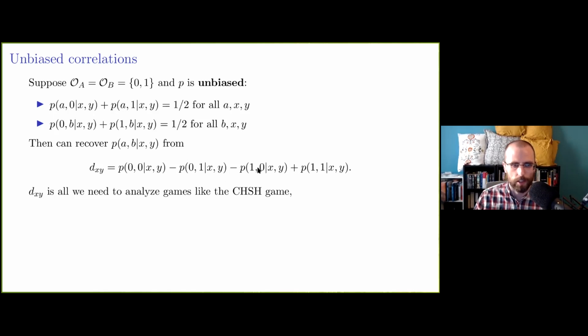You can recover each of these from just d_xy if you know that these equalities hold. Note that I've got plus p00 and plus p11, and I've got minus p01 and minus p10. So the sign depends on the XOR of the outputs. These are sometimes called XOR correlations, and they are all we need to analyze games where the winning condition depends on the XOR of the outputs.